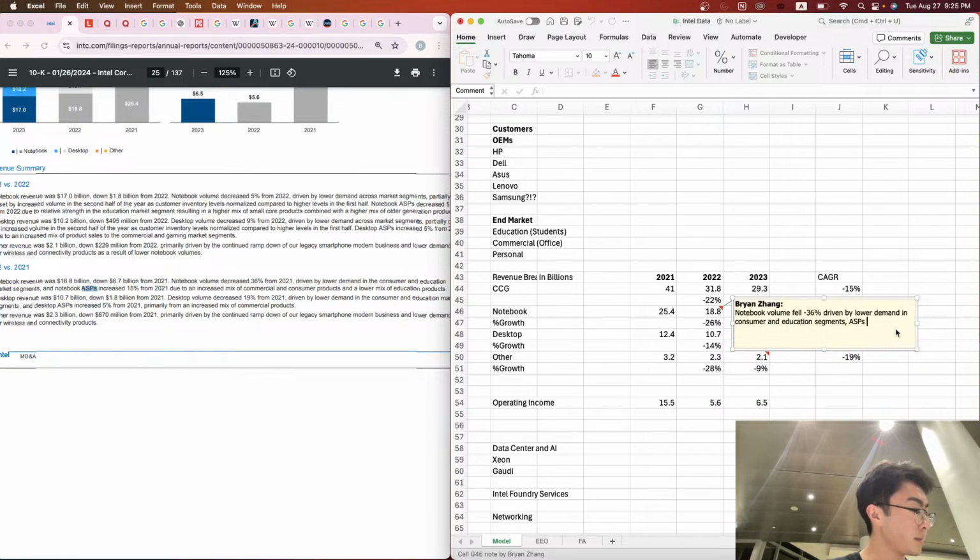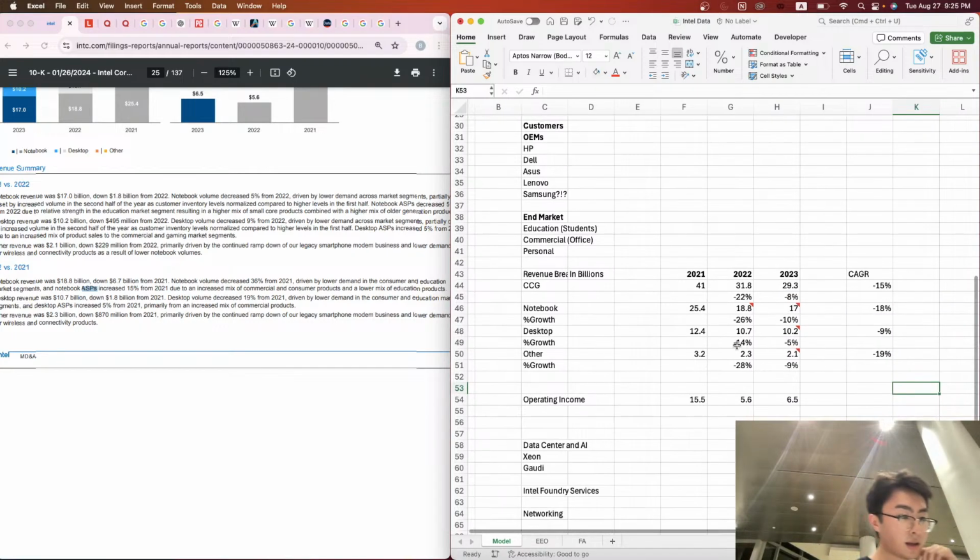ASPs increased 15% from 2021 due to increased mix of commercial and consumer products.